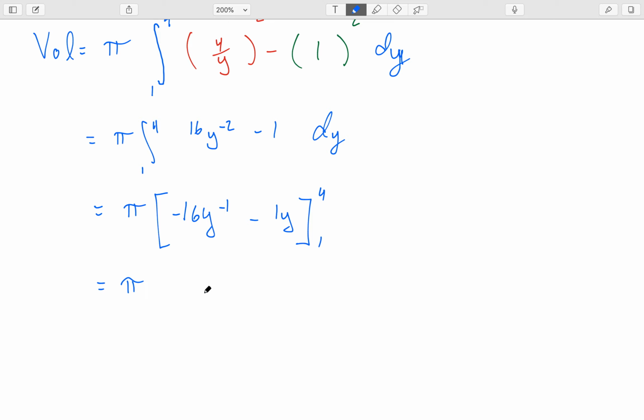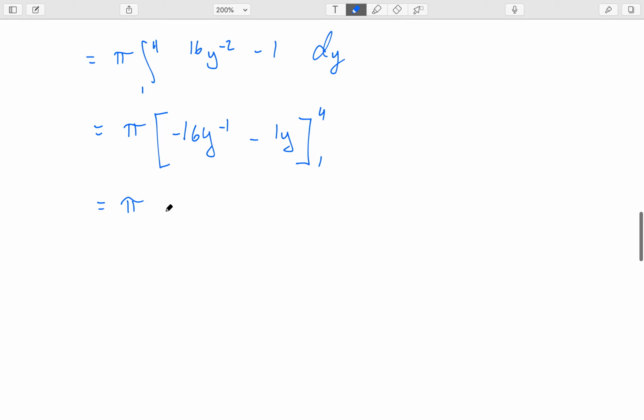Okay, well, let's say this was a question that you had without a calculator. Let's do it. So what do I got? I got negative 16 times 1/4, right? That's what 4 to the negative 1 is. Minus 1y, so minus 4, right? That's the first part. Subtract off 1's being plugged in. Negative 16 minus 1.